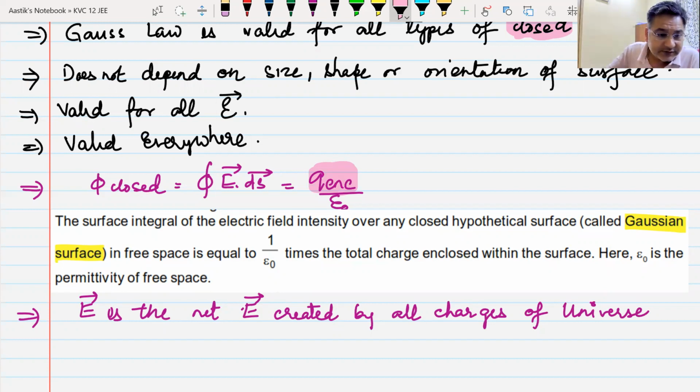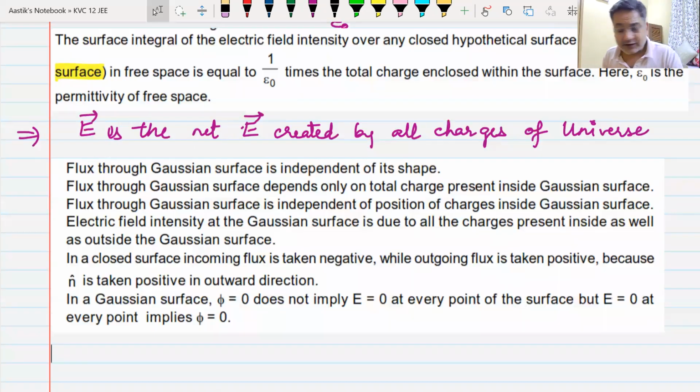Now, these are the points that I think are given in your notes, in your module. I have already discussed this. If you want, you can write them together in one place. Point number one, Gauss law is independent of the shape of the Gaussian surface as long as it is closed. Number two, Gauss law only depends on the total charge enclosed inside the Gaussian surface.